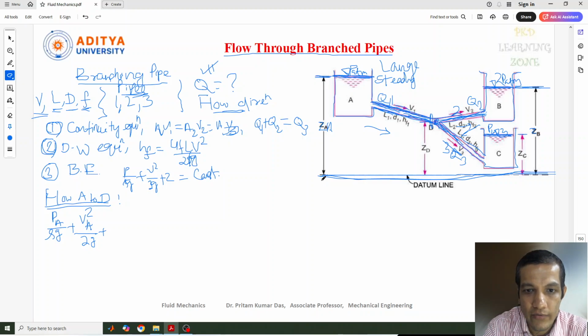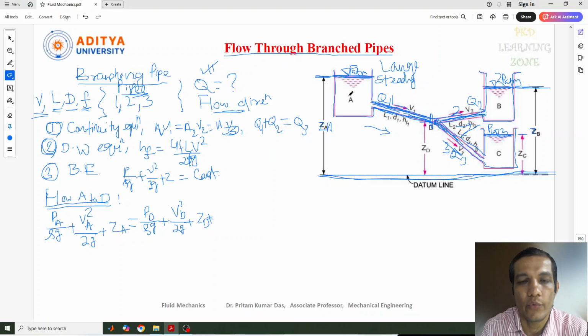ZA is the total height from this datum line. This equals, similarly, PD, another section at the D point, by rho g plus VD square by 2g plus ZD. Now, this is up to here only the Bernoulli's equation, but when you apply it, we know there are some losses also to be considered, head loss due to the friction factor. So we write that at the end of this section.